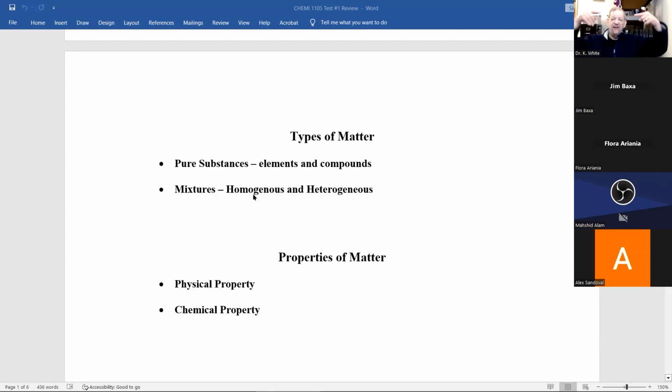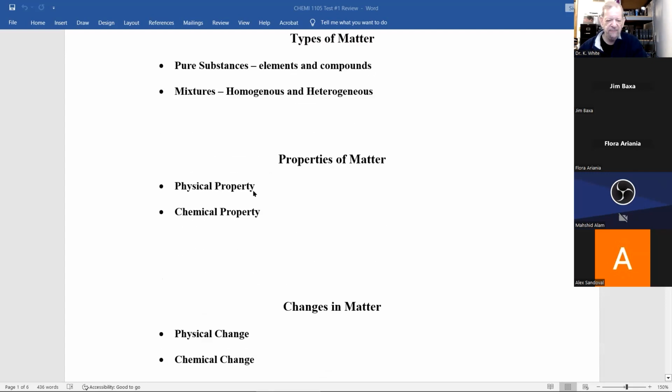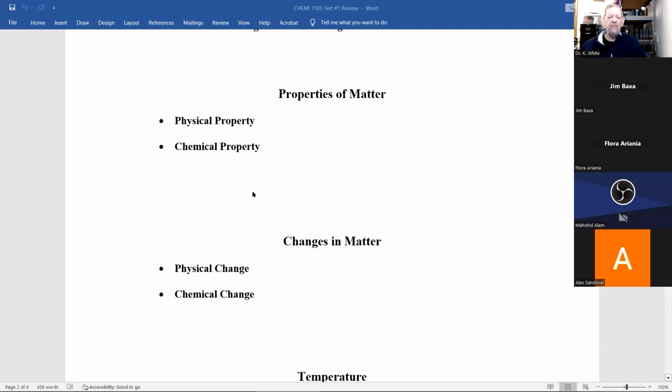And if I go way over, outside my office, another part of my house, it's going to be the same mixture. It's homogeneous.